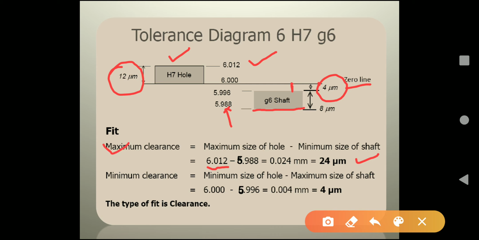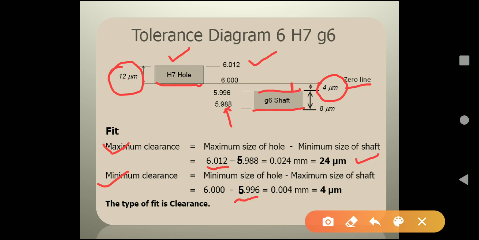Now we go for the minimum clearance, that is the lower limit of the hole and the upper limit of the shaft. The minimum size of the hole is 6, because the fundamental deviation of the hole is 0, and the upper limit of the shaft is 5.996.